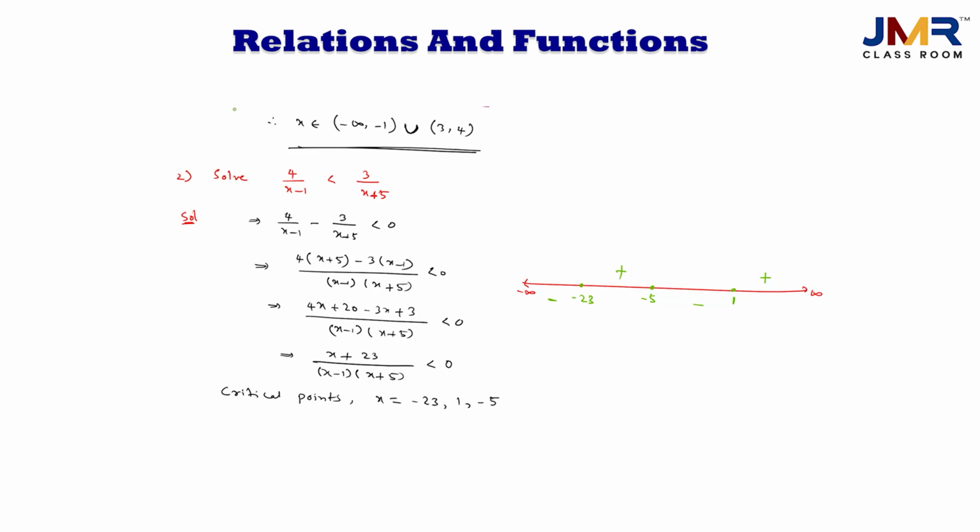So x belongs to, less than means negative only. Wherever negative, you have to take it. This one and this one are negative. So x belongs to minus infinity to minus 23, union minus 5 to 1. This is the solution set for this inequation.